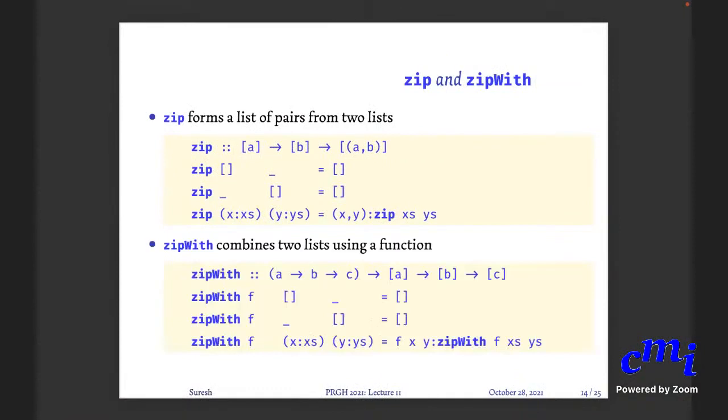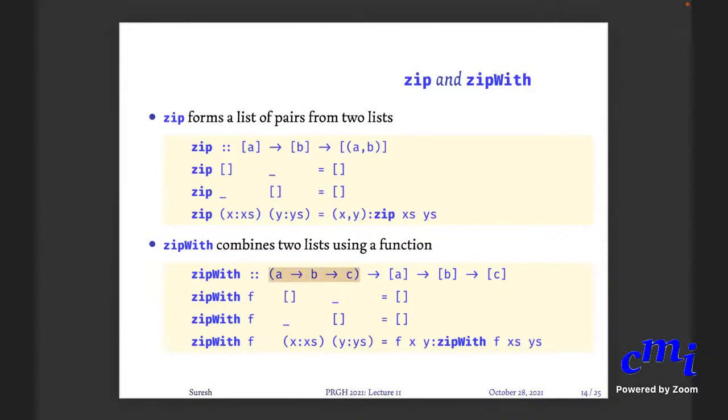zipWith. zipWith says, as long as you are doing something on two lists, taking each element of the list and combining them somehow, why don't you combine them with a function? A general function with two arguments, one of type A and another of type B, is of type A arrow B arrow C. That's clear, right?